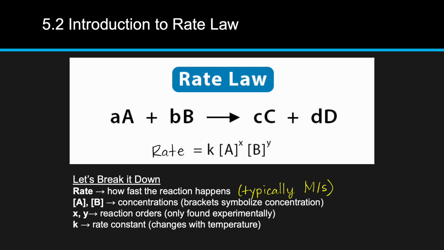And those values are determined experimentally, not from the balanced chemical equation. And finally, k is our rate constant, which depends on temperature and reflects how likely effective collisions are to occur. Together, all of these terms are going to explain what influences the reaction rate and how sensitive the reaction is to changes in concentration.